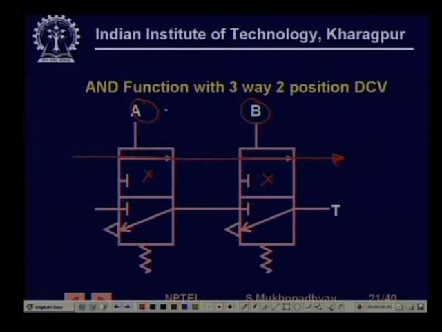Now, suppose this is not there, which means that now this is the position, but here it is there. So, you see that in this position this gets connected to this position.